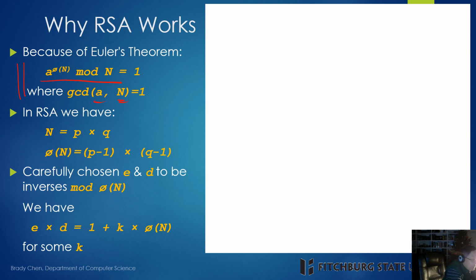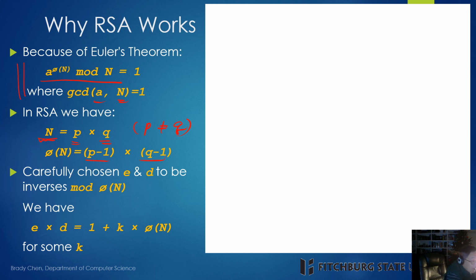And in RSA, we just mentioned how to create the pair of keys. The first step is to generate two prime numbers p and q that are not the same, and then multiply p and q to generate n. Then we calculate phi of n, which is Euler's totient function of n, which is actually (p minus 1) times (q minus 1).